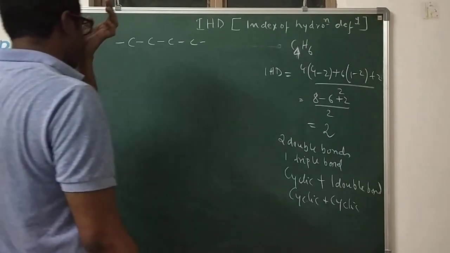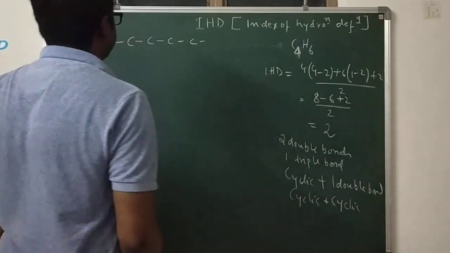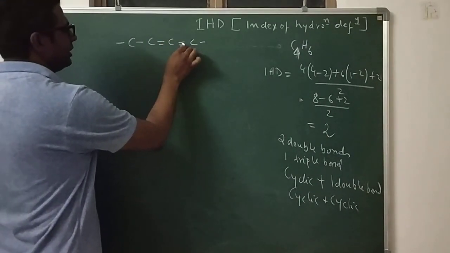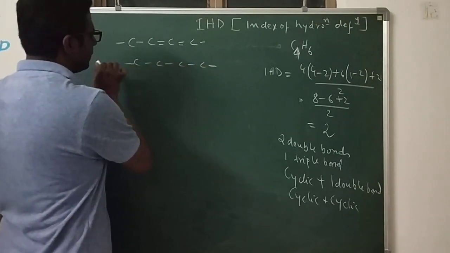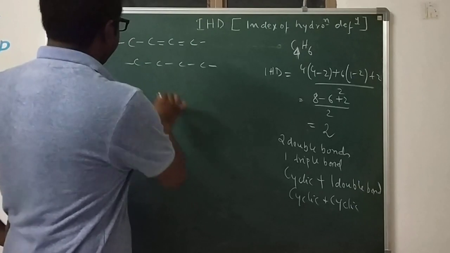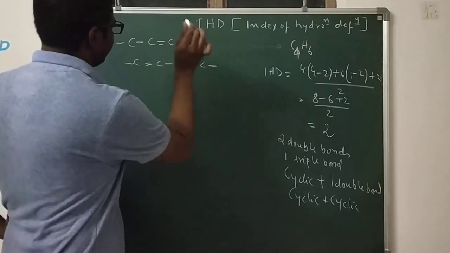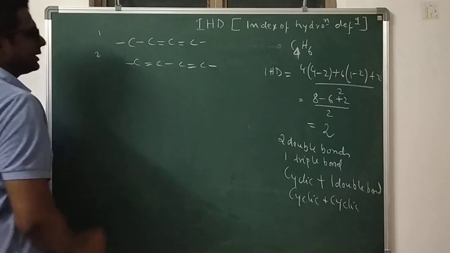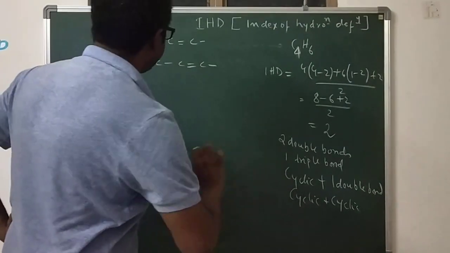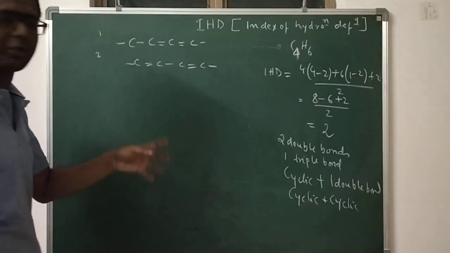Skeleton structure, 2 double bonds. It can be here, it can be here, or it can be here and here, right? Okay, so your 1, 2 are done. Next, this one is done. There are no other options. If you see, there are no other options.